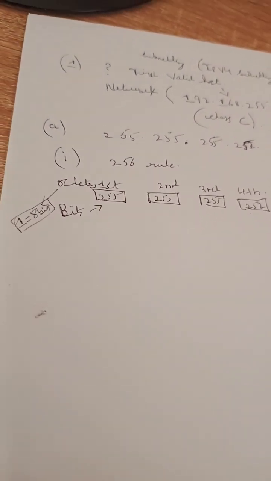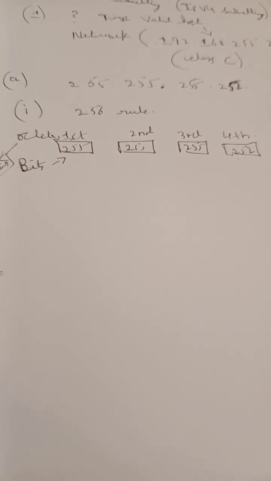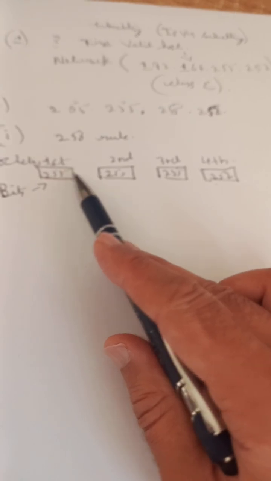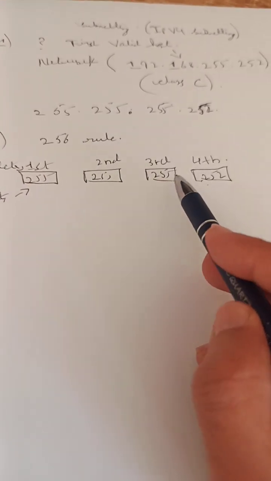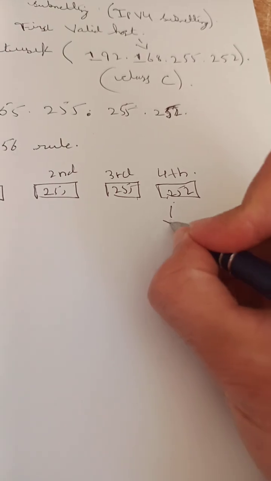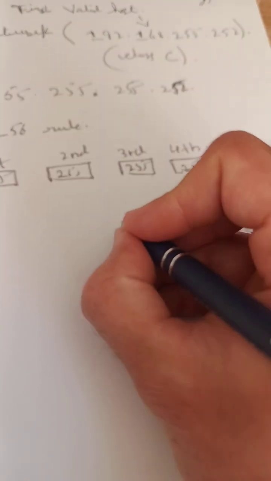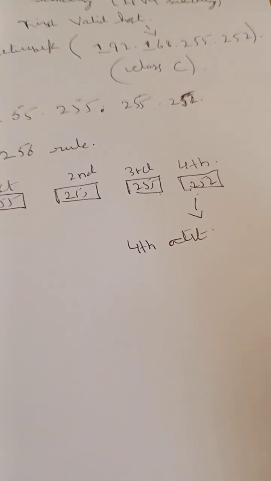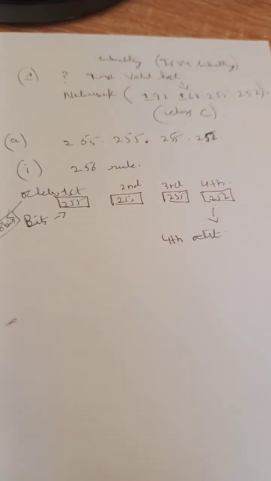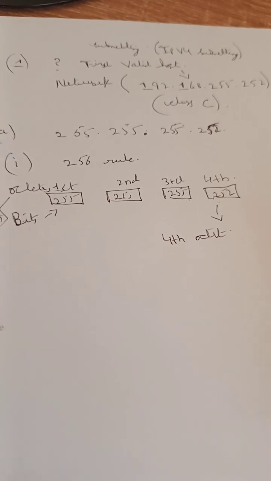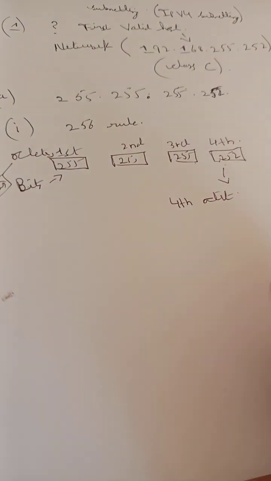Now looking at this scenario, we will apply our 256 rule. So if you see here, that's the 255, 255, 255. Now we have to apply this rule in the fourth octet here. So remember, there is a sequence involved in these, and it's better to stay with the sequence.